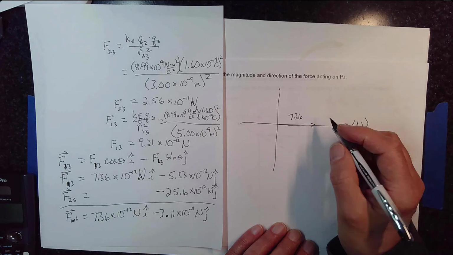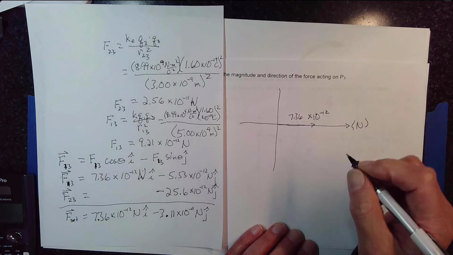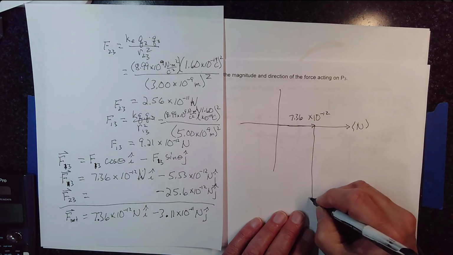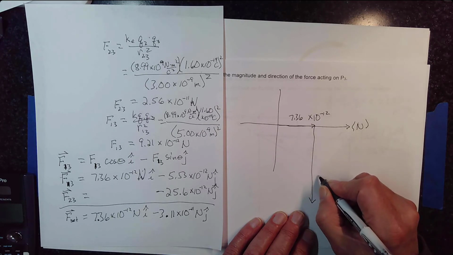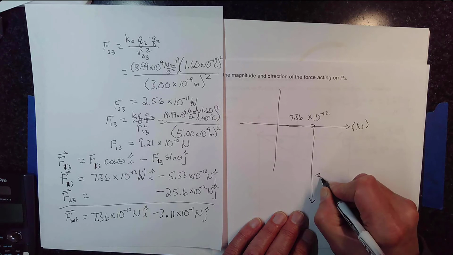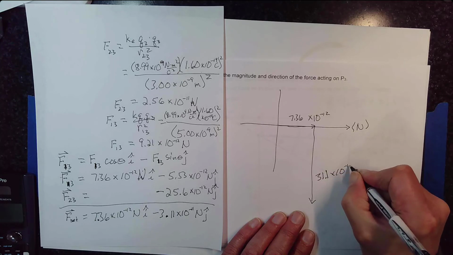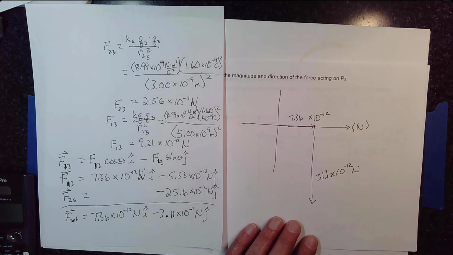And the other component that points down here is, magnitude-wise, 31.1 times 10 to the minus 12th newtons, pointing down there like that.